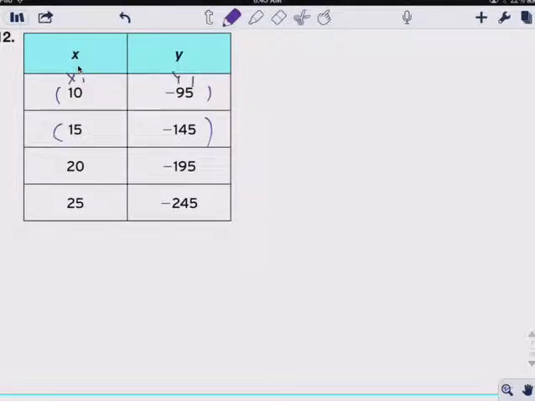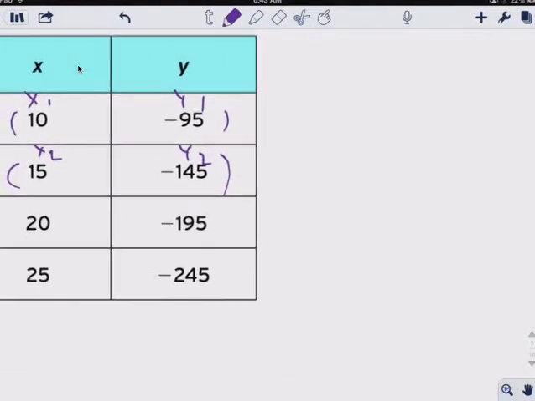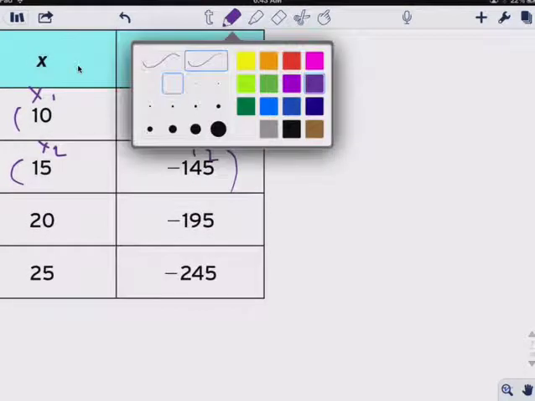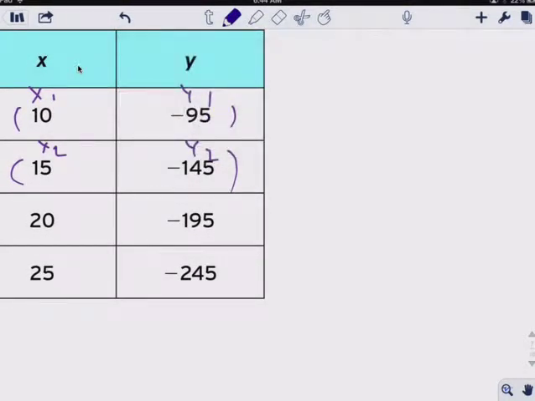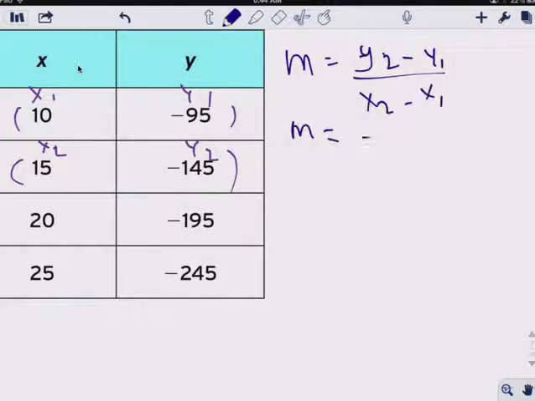x1, y1, x2, y2. Okay. Find slope. m equals y2 minus y1 over x2 minus x1. m equals negative 145 minus a negative right there, 95.